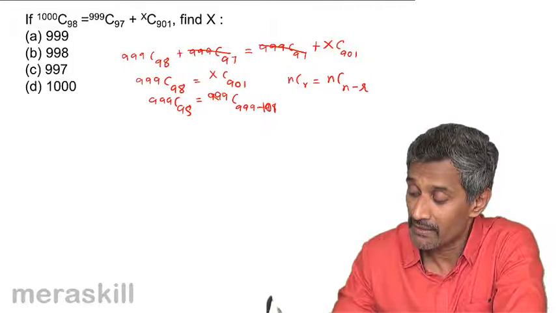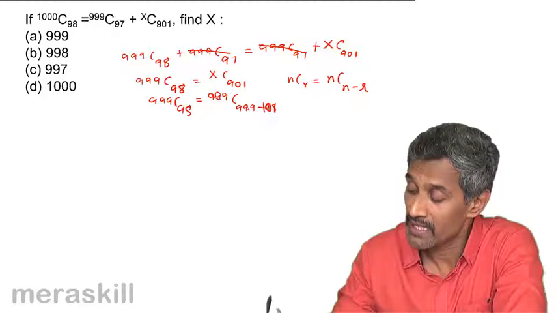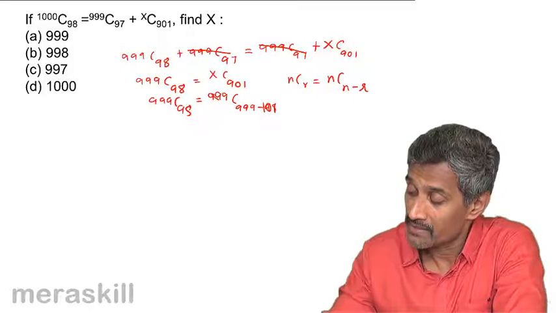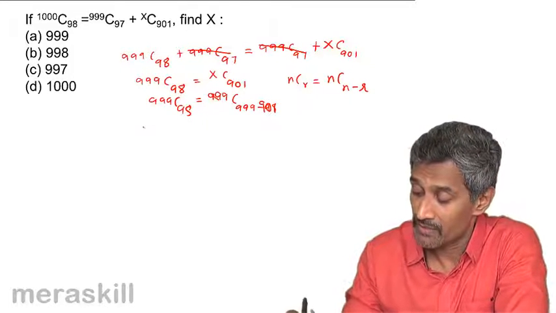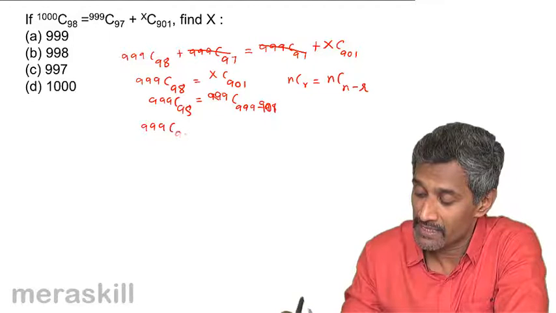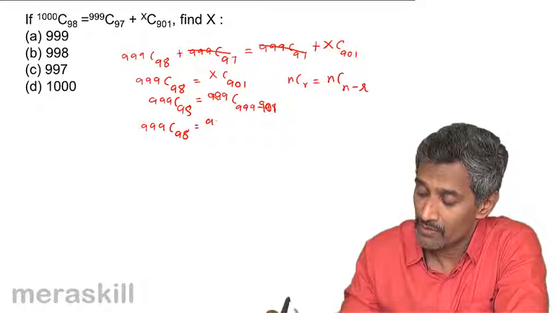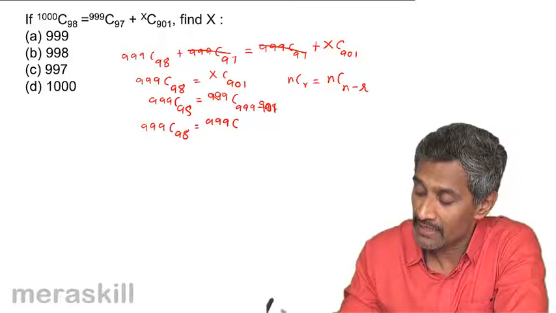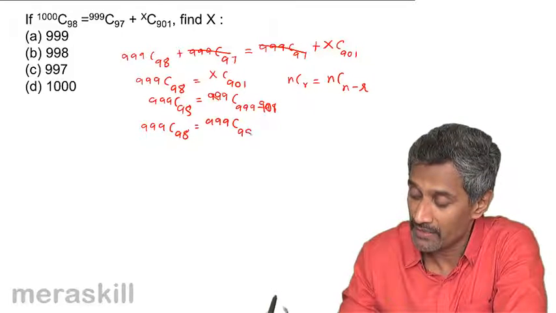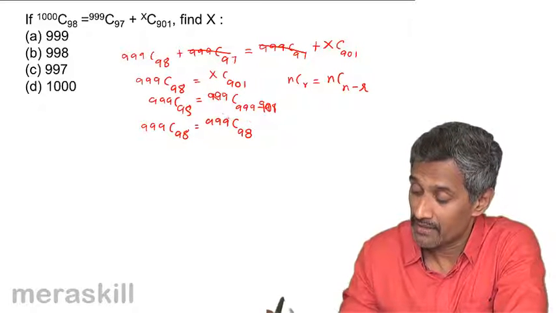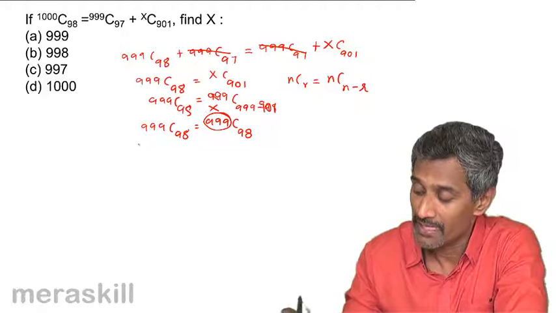So this same 901 can be written as 999 minus 901. So 999C98 is equal to 999C, 999 minus 901 is 998.